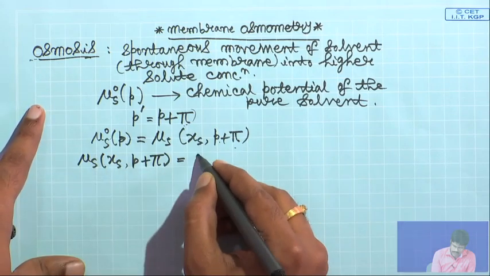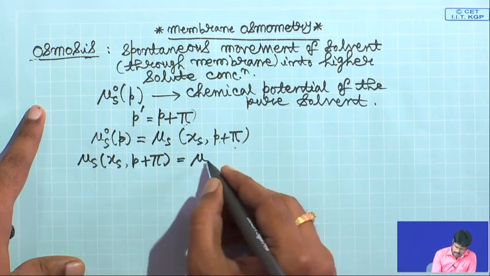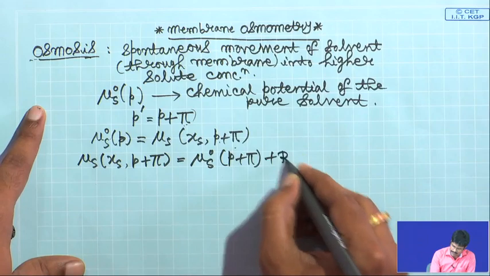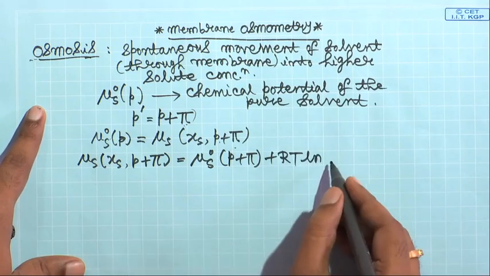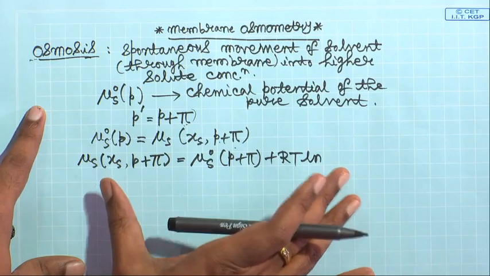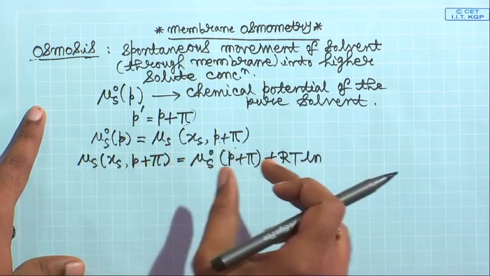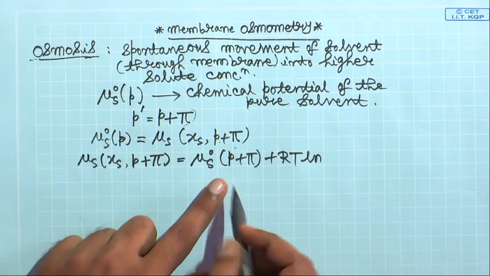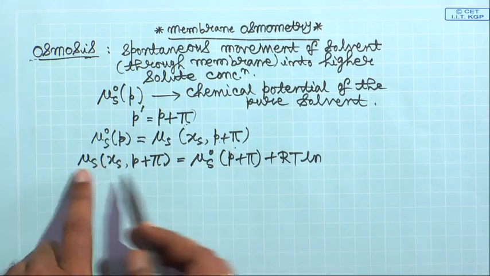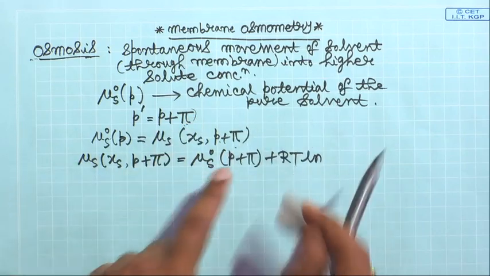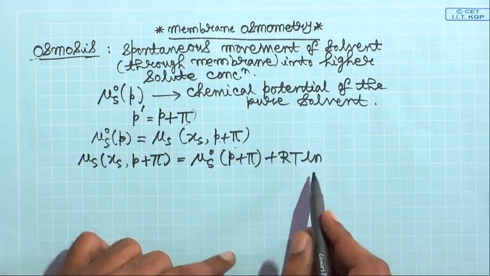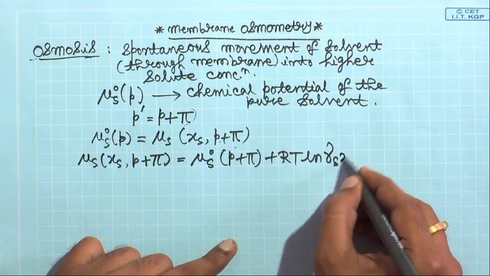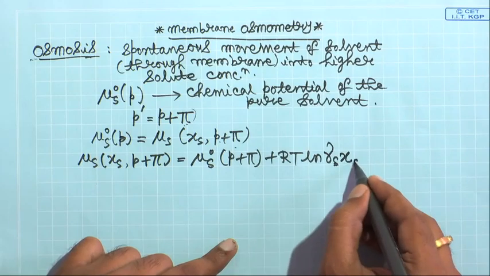So, mu typically is equal to mu 0 plus R T ln activity. This is from physical chemistry: chemical potential is equal to chemical potential in the standard, pure state, and of course, here also the pressure is P plus pi, because you are expressing the chemical potential on this side, plus R T ln activity. Activity is equal to the activity coefficient, which is gamma s, into the mole fraction of the solvent.